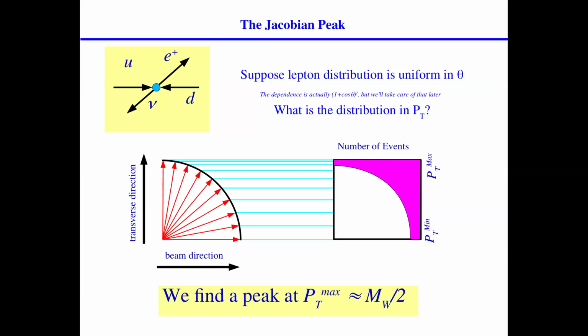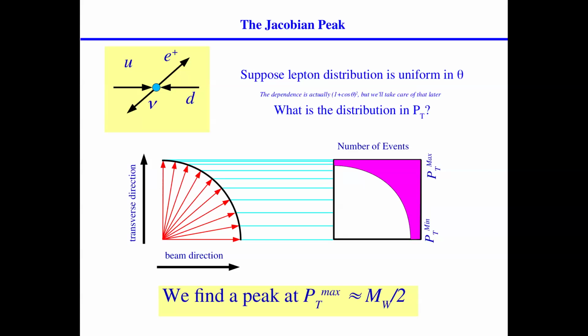So here's our beam axis, here's the electron going out. And just for a moment, let's suppose that the decay of the electron is uniform. So I'll work in one dimension right now, but these arrows represent all the possible angles where the electron can come out. Okay. And then what I want to do is, using that, get a distribution of the transverse momentum, the PT.